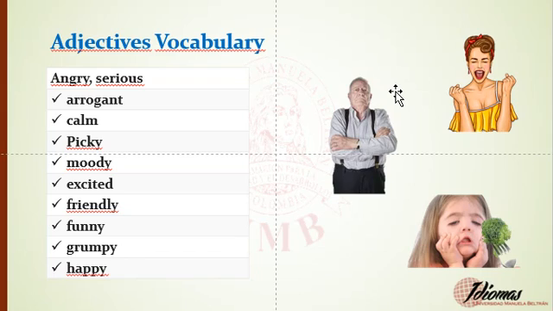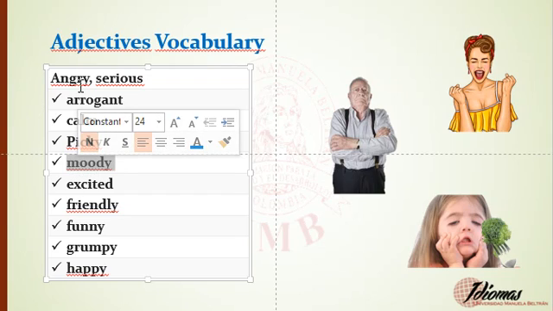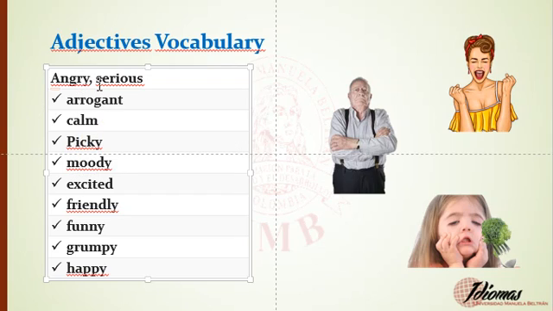Is he friendly? What do you think? Well, we have a list here, and we can say that he is angry, maybe, or that he is moody, temperamental, which is not a positive adjective, or maybe that he is grumpy.